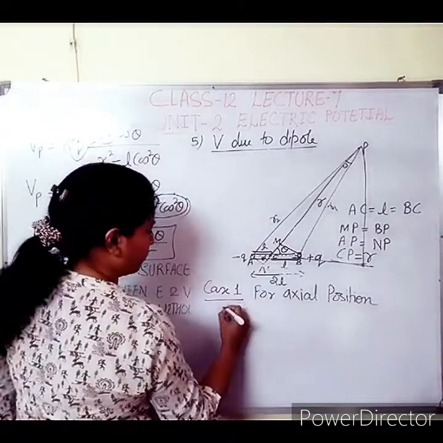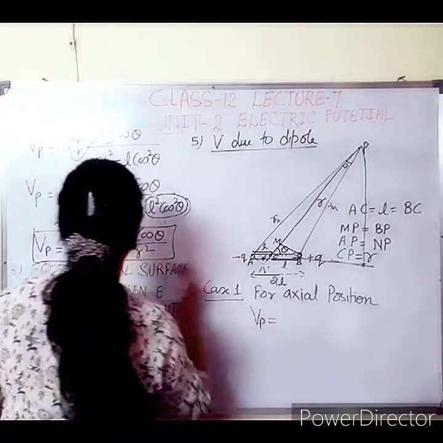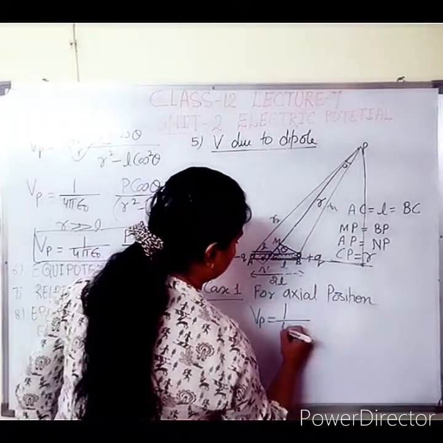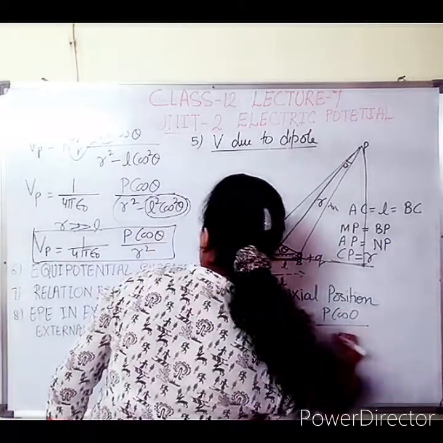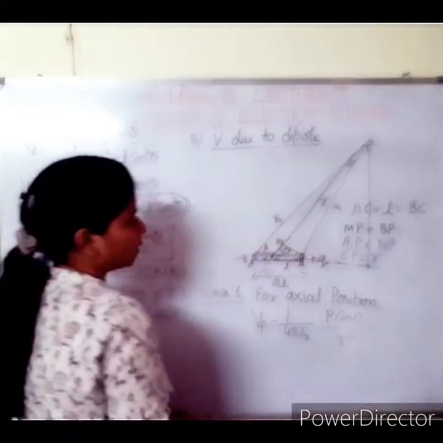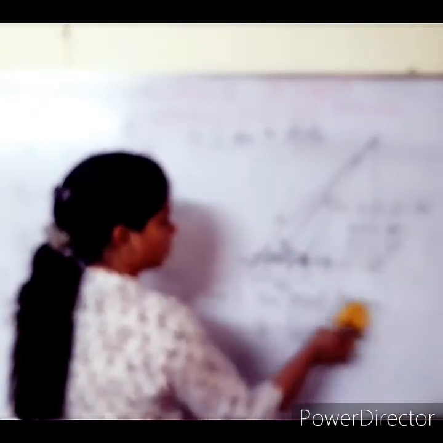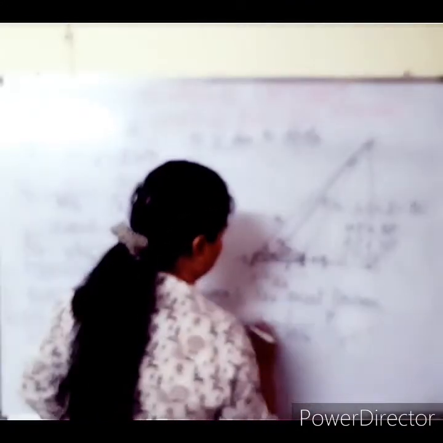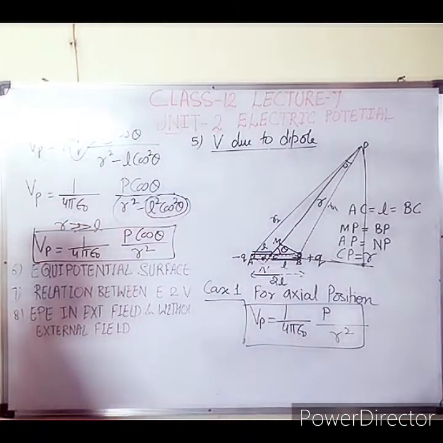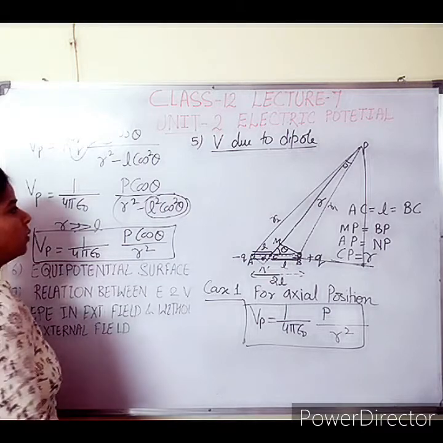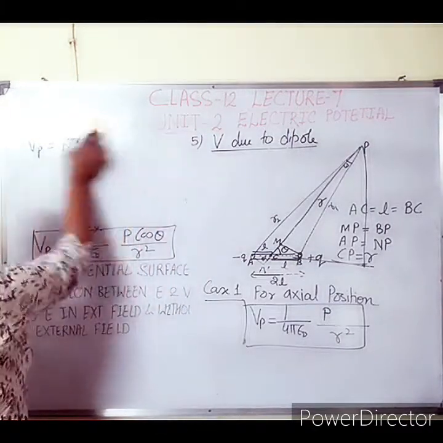So here we will get Vp in this result. Vp is equal to 1 over 4 pi epsilon naught P cos 0 over r square. Now cos 0 is 1, so one value you can eject out, and you will get this term Vp is equal to 1 over 4 pi epsilon naught P over r square.